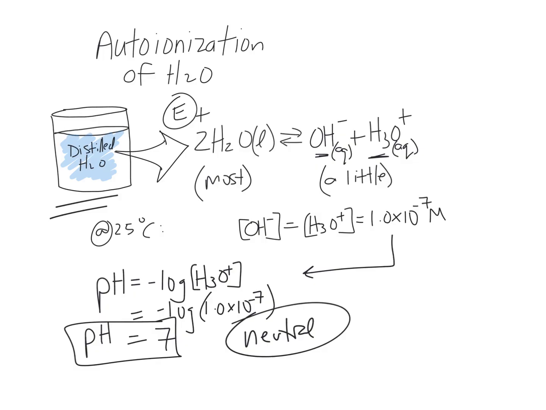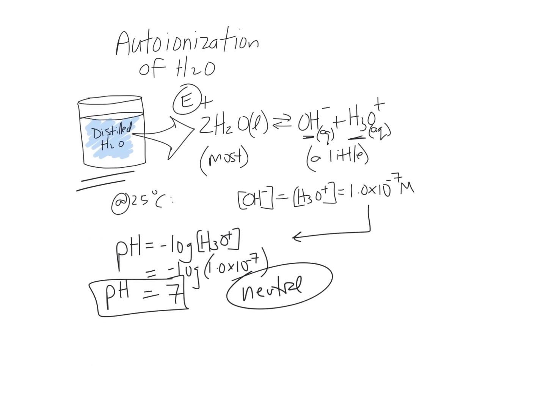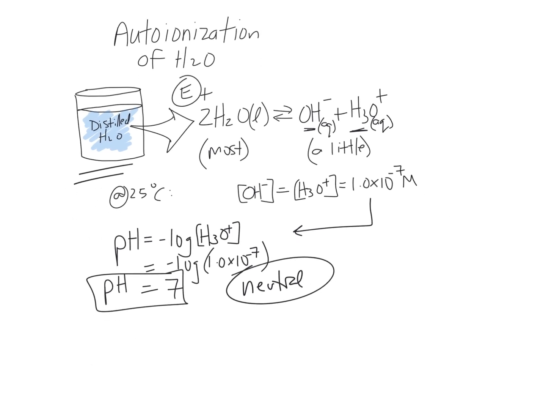So this kind of hopefully squares the circle for you on why the scale goes from 0 to 14 and why 7 is considered neutral. What I'll tell you is there's another value that works in tandem with pH, and that's called the pOH. And you can probably guess if pH is all about H plus and hydronium ion, the pOH is all about the hydroxide ion.